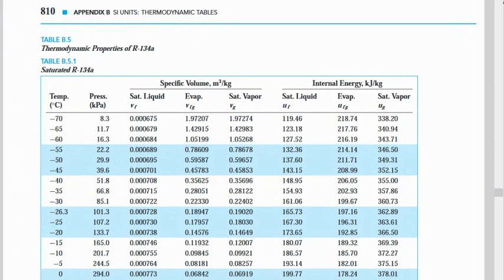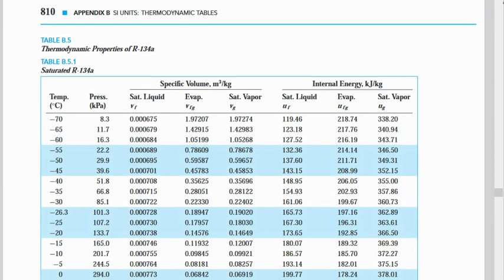You will find that at negative 10 degrees Celsius the saturated pressure is 201.7 kilopascal, and the specific volume for a saturated vapor state is 0.09921.